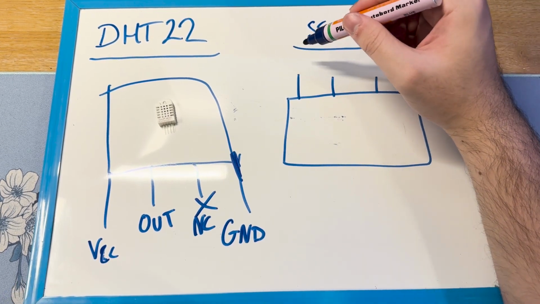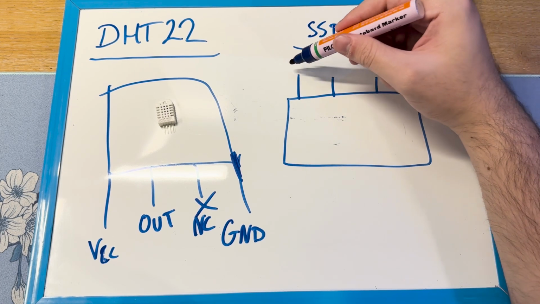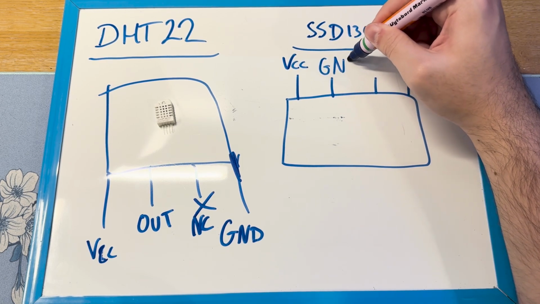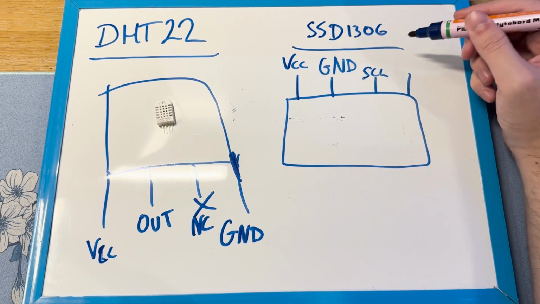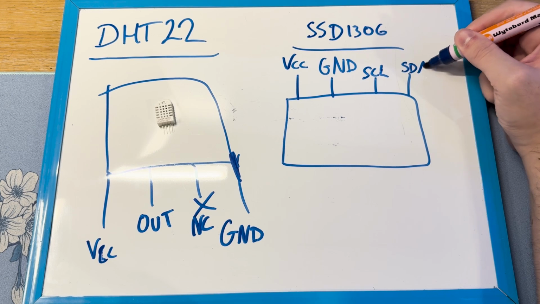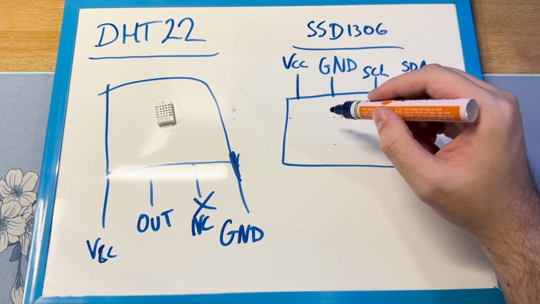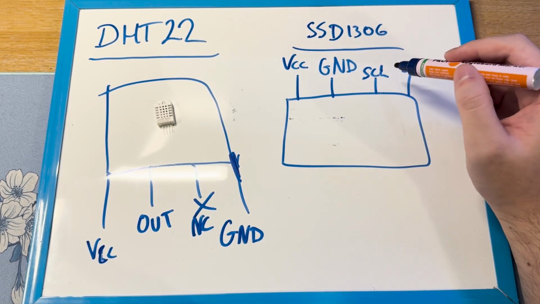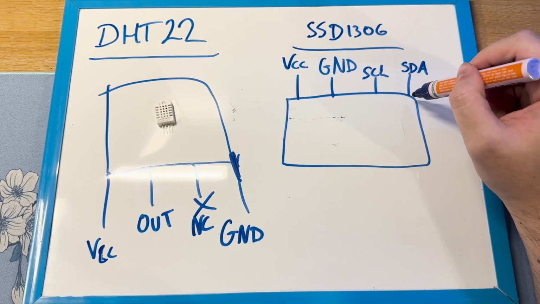So here we have VCC on the leftmost pin, ground, SCL, and SDA. I trust that you are familiar with VCC and ground by now, but here are two new connections. We have SCL and SDA.